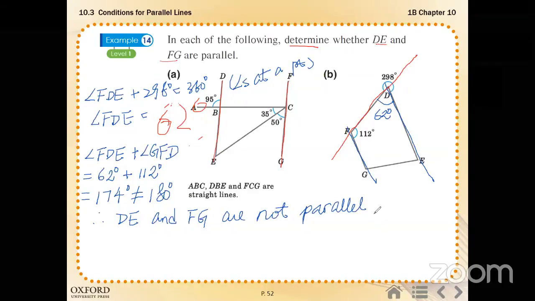Now, in this case, this is the reason already. No need to write anything this time. After this one, no such thing you need to write. Just write that it is not equal to 180 degrees. But you need to tell your final answer. Then you can tell people that these two lines, DE and FG, are not parallel.